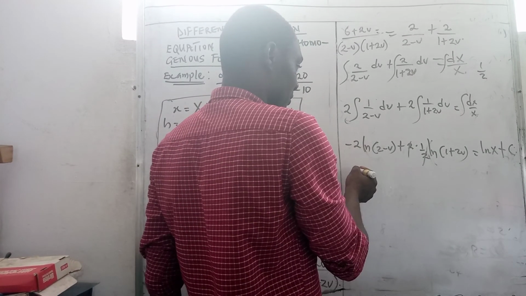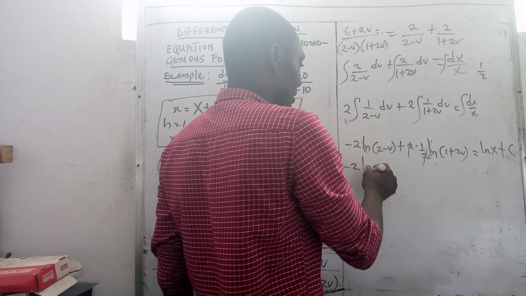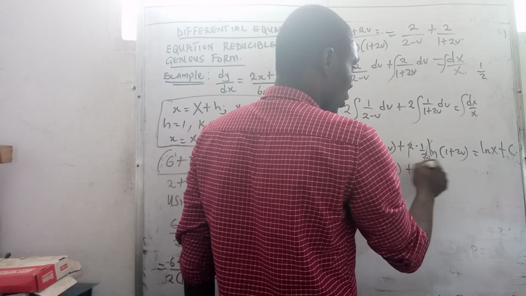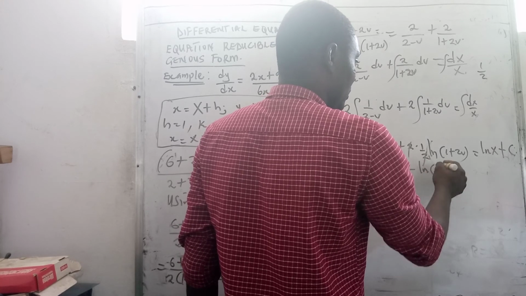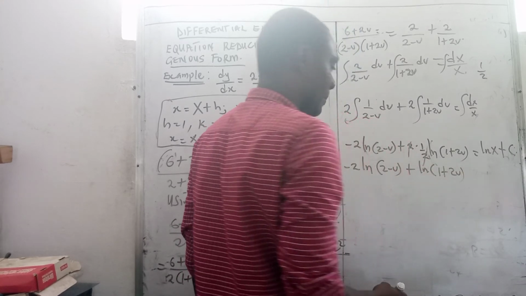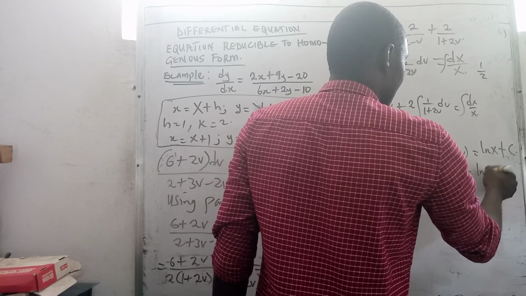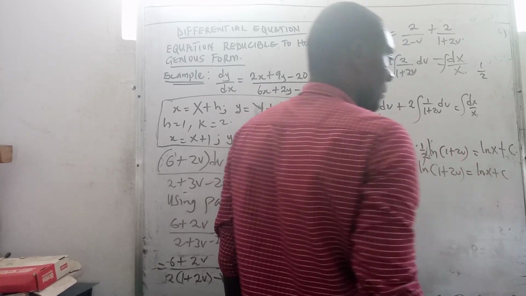So this will cancel out this. So I'm going to have minus 2 ln 2 minus v plus ln 1 plus 2v equals ln x plus c.